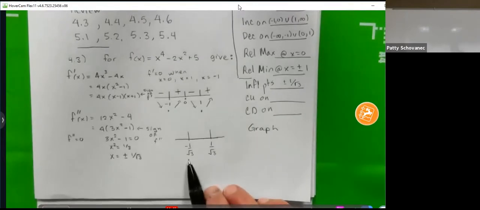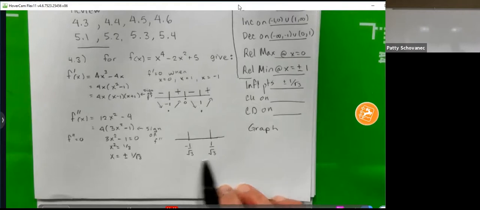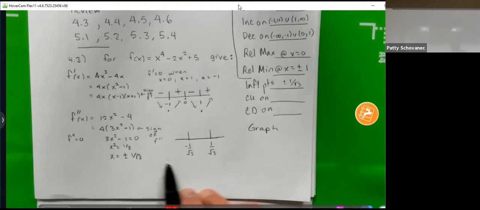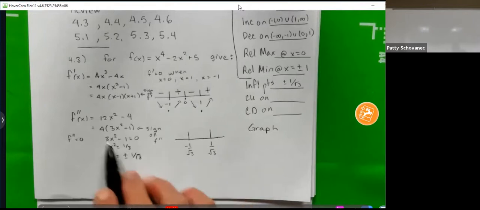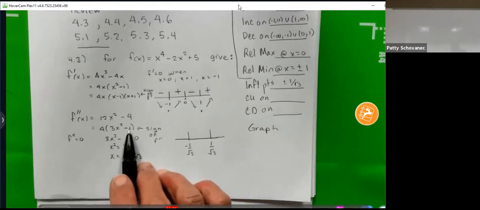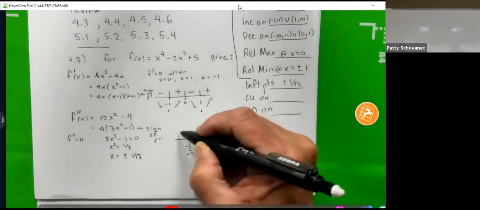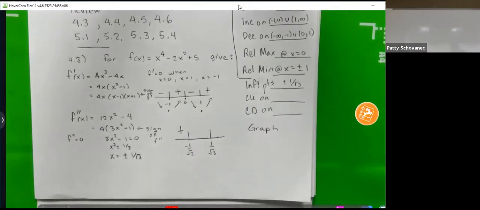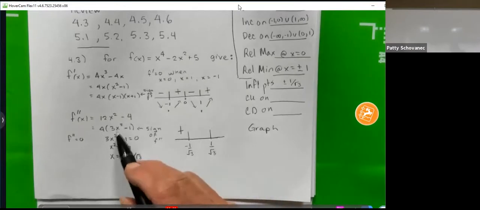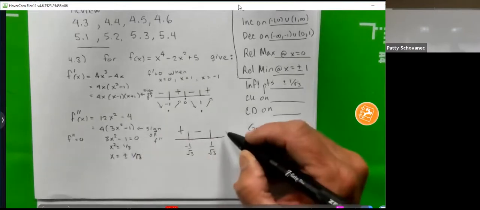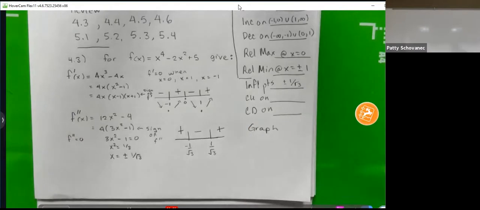So this is a little bit in the neighborhood of a negative 1/2 and positive 1/2. But pick something clearly over here and plug it in, like negative 10. If I square it, multiply by 3, subtract 1, multiply by 4, I'm going to have something positive. Negative 1, yeah, negative 1 would work. 0 gives me a negative, and then a positive. 10 gives me a positive.